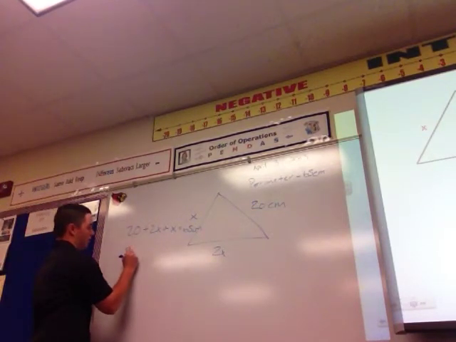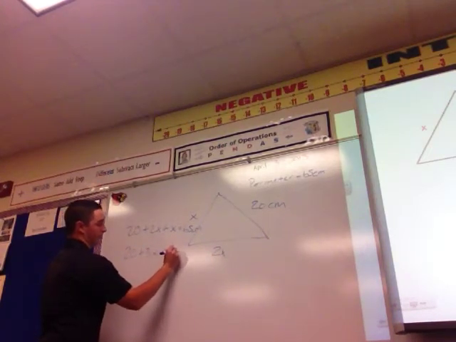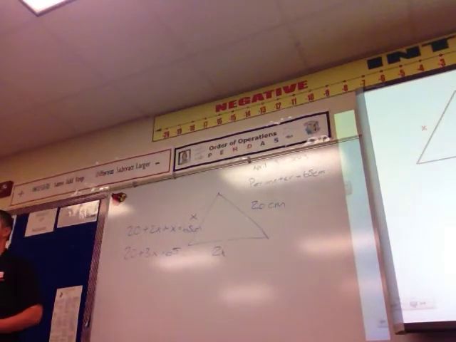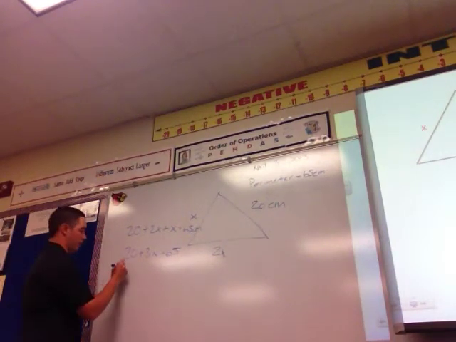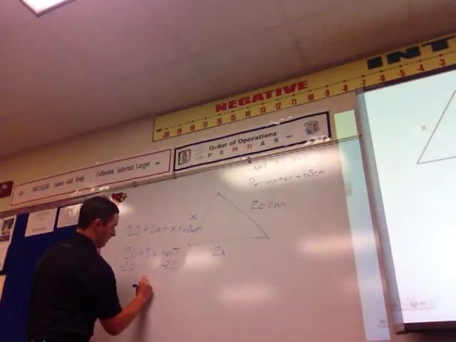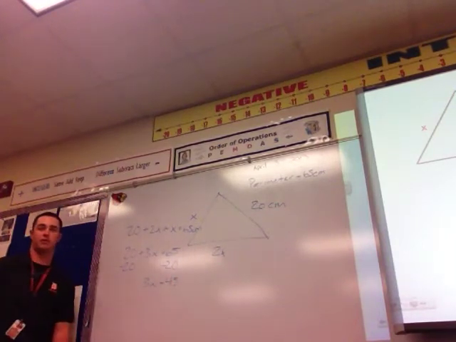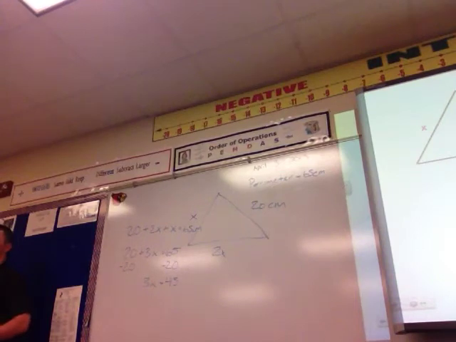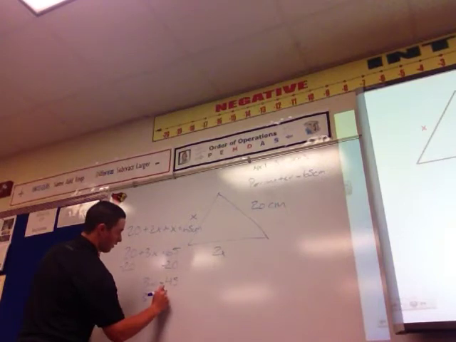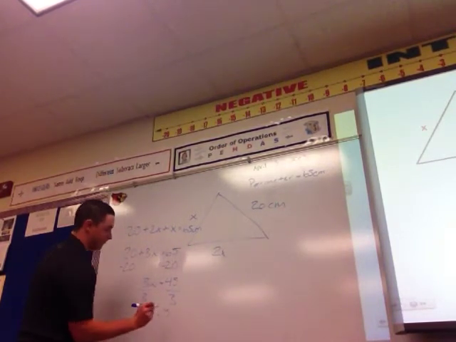So we have 20 plus 3x equals 65. Now what do we do? We subtract the 20 from each side. So you have 3x equals 45. Now you divide by 3 on each side, and you get x equals 15.